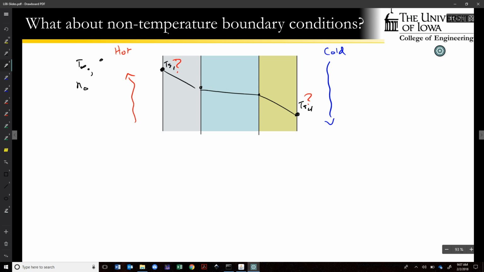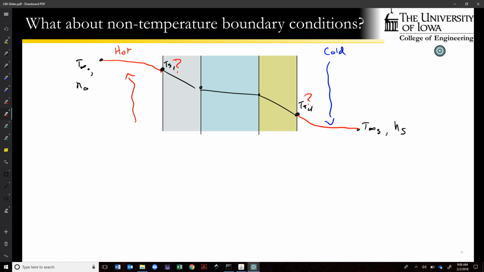And over here we'll say this is at T infinity 5 with some convective heat transfer coefficient H5. We know instinctively that our temperature distributions are going to look something like this. We're going to get that convective cooling. But how do we build this into the idea of the resistance network?